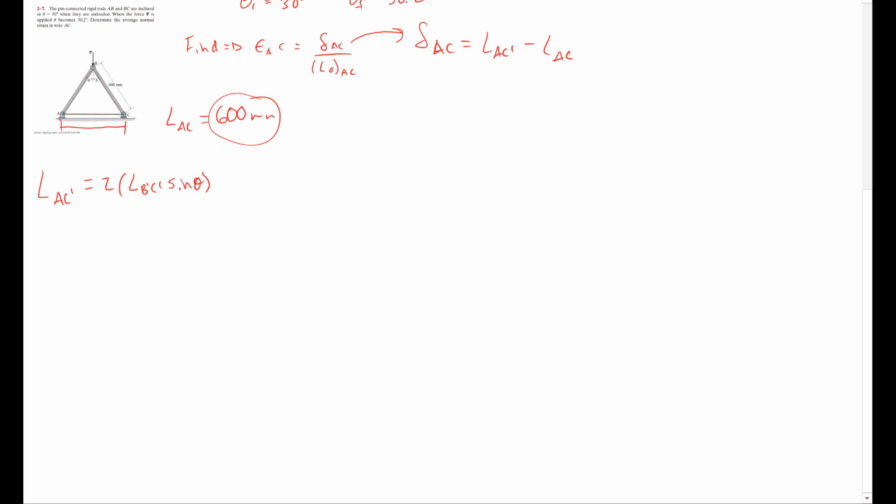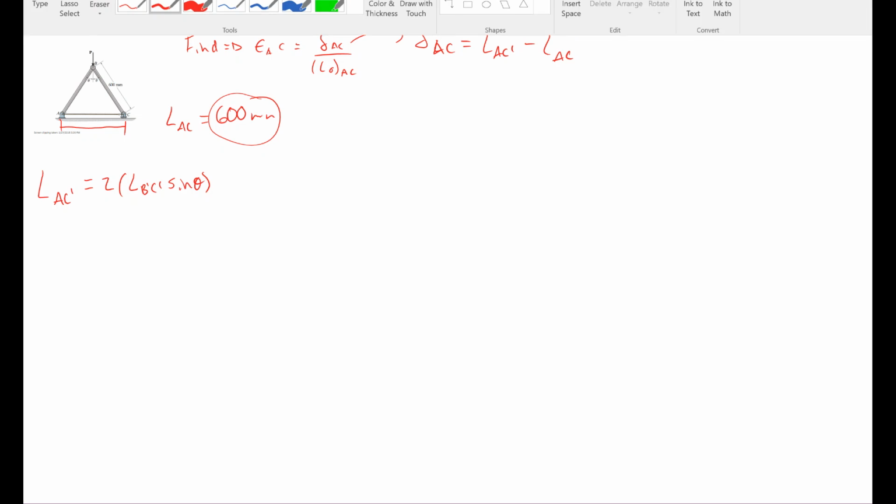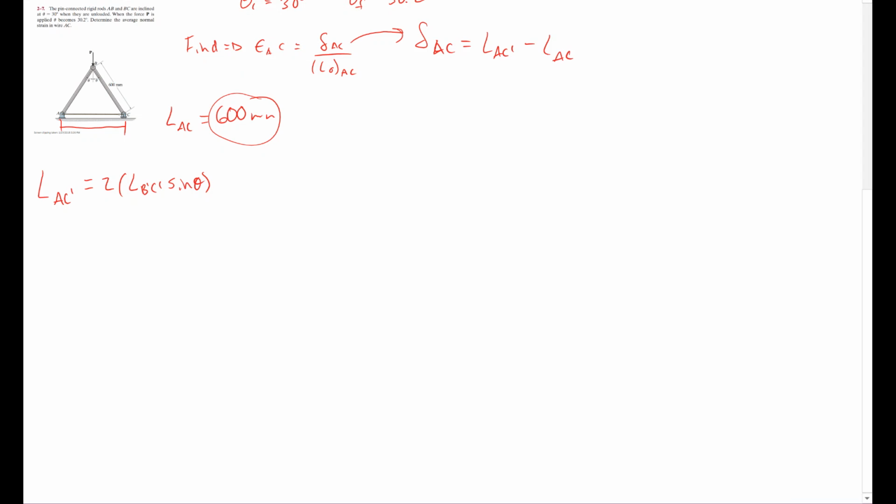Just to break that down for you, if you're having issues understanding what is happening with that equation, we're just splitting that triangle. This is that LBC, that's that length. This is our angle theta.